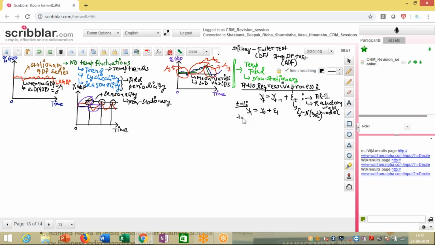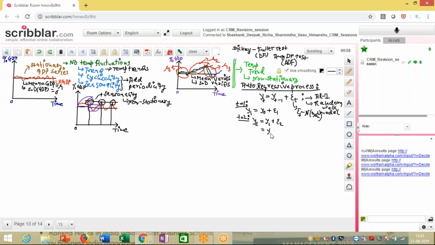Similarly, at t equals 2, y2 is equal to y1 plus the randomness in time 2. But this y1 is nothing but y0 plus e1.